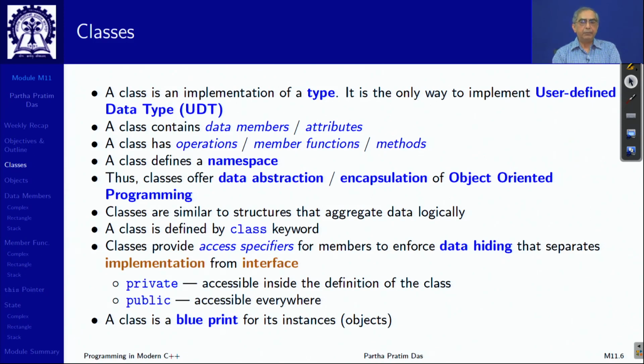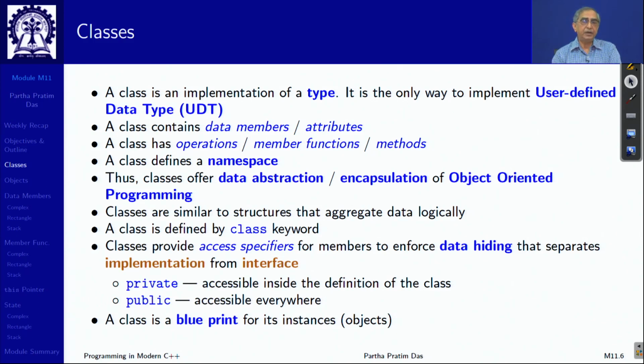Classes in a way are similar to structure, but are substantially enhanced in C++. So, it is defined by the class keyword, and a very important feature of a class is when we specify the data members and member functions, we can specify the access specification, that is how the access of these data members and member functions can be done by anybody who is outside the class, by private and public access specifiers.